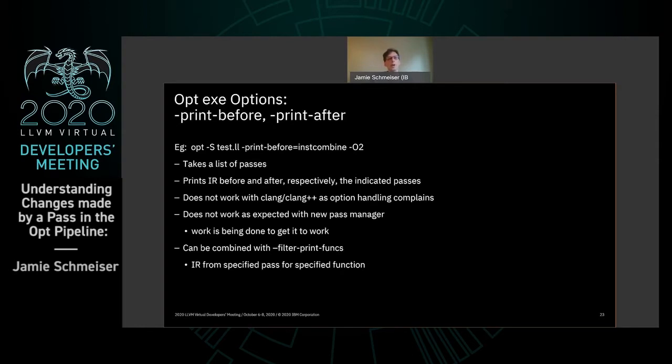Also, it does not work as expected with the new pass manager, but work is in progress to address this. As one might expect, this option can be combined with other options to help limit the amount of IR generated. When one knows which passes in particular are interesting, these options can be used in place of print before all and print after all to greatly reduce the amount of output.